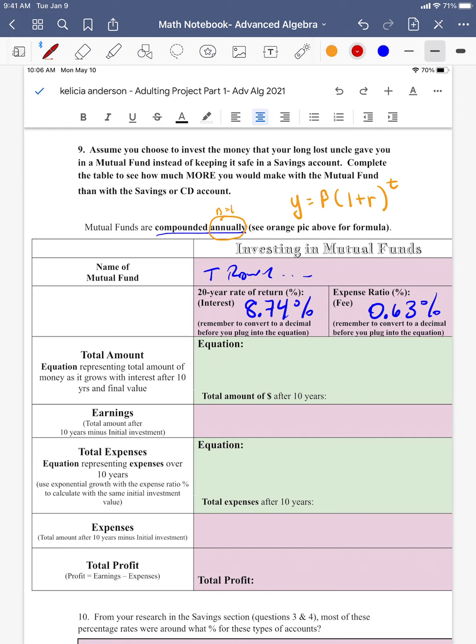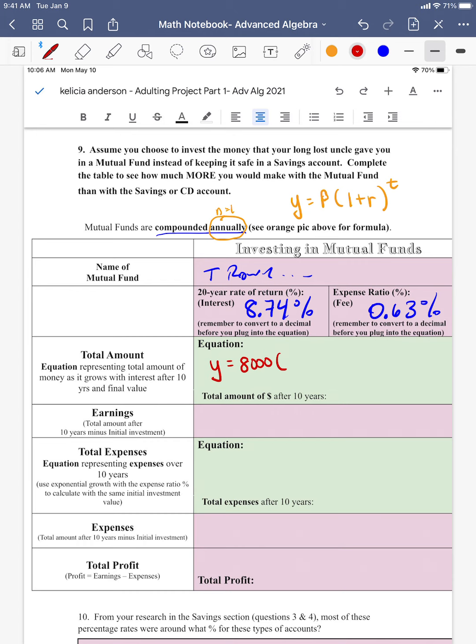So now I'm going to write out my equation. So remember, I start with Y equals, P is the initial investment, and it's still that money from the long-lost uncle. I'm going to use different numbers here. Remember, go back and see how much your uncle gave you. I'm going to put 8,000. You're going to put a different number.